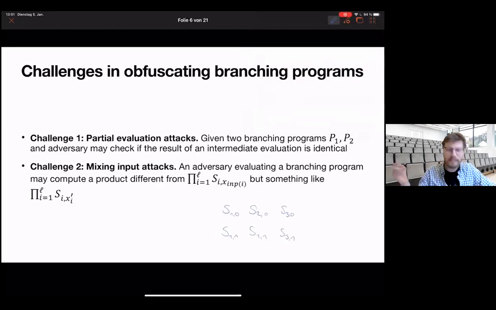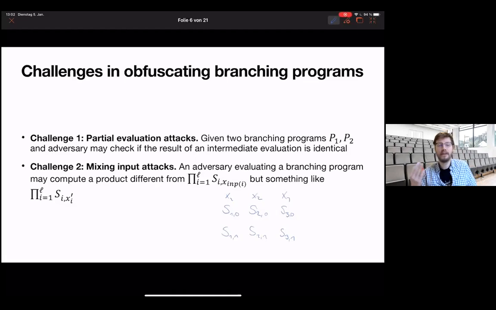It might be that the branching program says that here you're supposed to use the first input bit, X1. Here you're supposed to use the second one, X2, and here X1 again. So in the first column, it's X1, second column, X2, third column, X1 again.